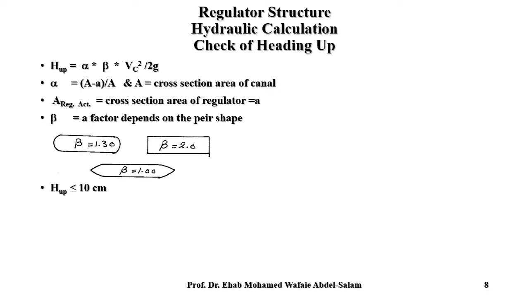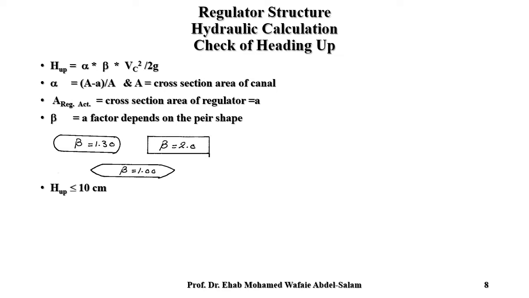Check of heading up: alpha beta V square canal over 2G. Alpha is A capital plus A small, where A capital is the area of canal, A small is the area of vent, the cross section area of vent of regulator.